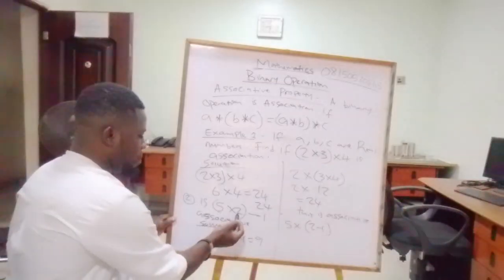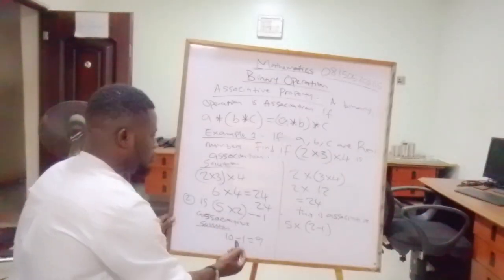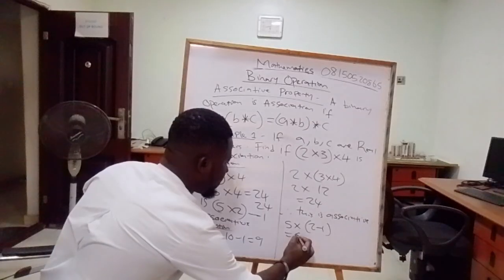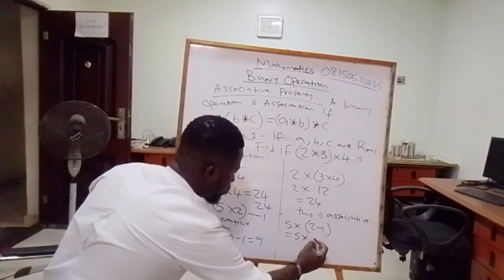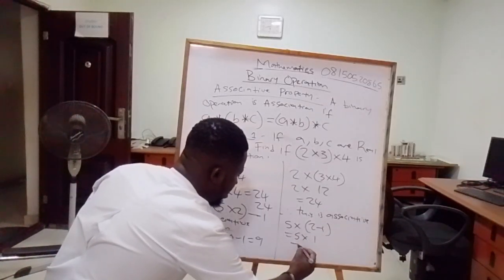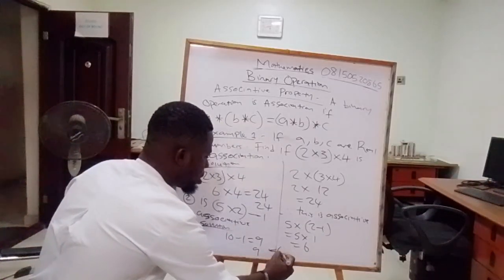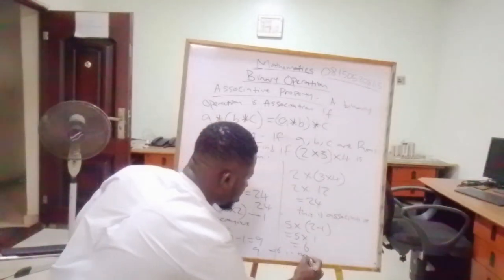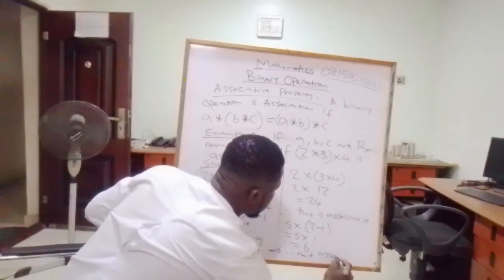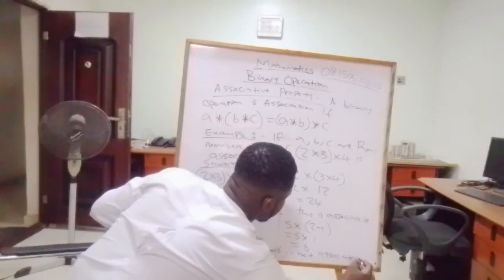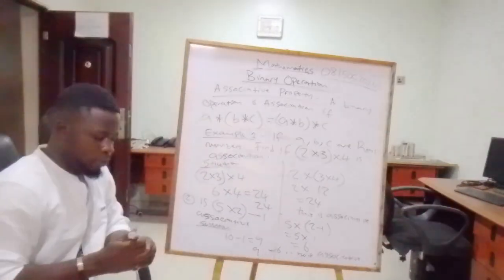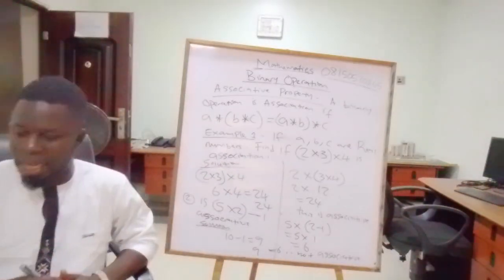Do you understand? This time you put the brackets in these 2. So that will give us 5 times, what's 2 minus 1? That will give you 1, and this will be 6. You can see that 9 is not equal to 6. Therefore, not associative. So that's how to go about that.